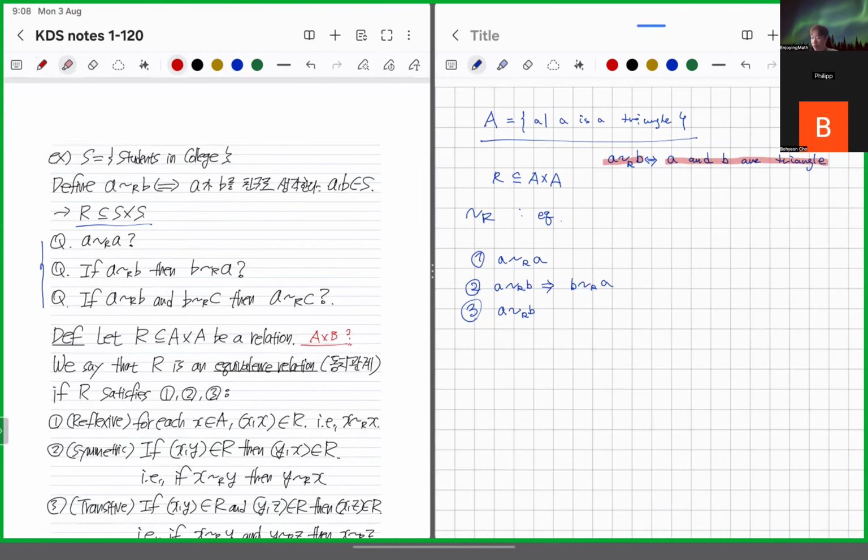I will just use this implication, then it's automatically using B, C. So A and B are triangles and B and C are triangles, then A and C are triangles.